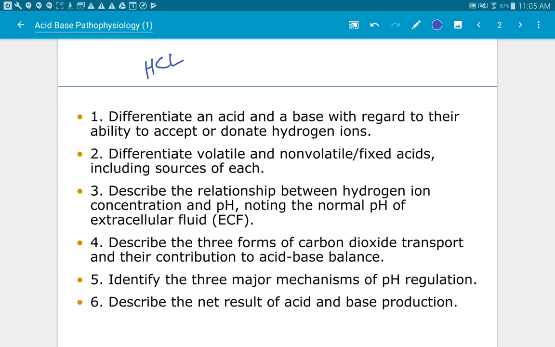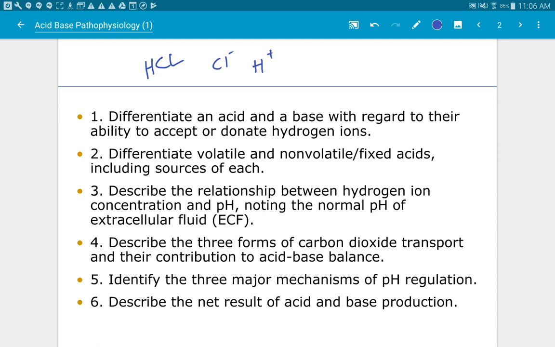The reason it's a strong acid is that when we put that molecule into water, it dissolves apart, and there's a chloride ion, which we don't care that much about, but what we do care about is that it donates a hydrogen ion, and there you go. Acids all contribute hydrogen ions to solutions. Simple, right? Acids are essentially solutions with lots of hydrogen ions within them.